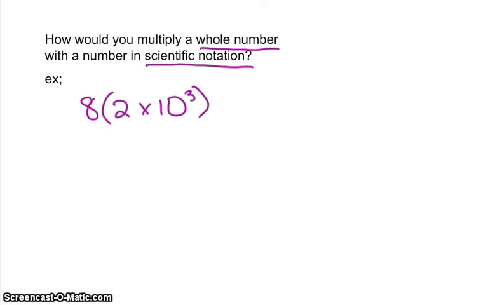Now some of you may want to make that 2 times 10 to the 3rd into standard form, then multiply by 8, and then put it back in scientific notation, but there's a much easier way. Go ahead and multiply 8 times 2.